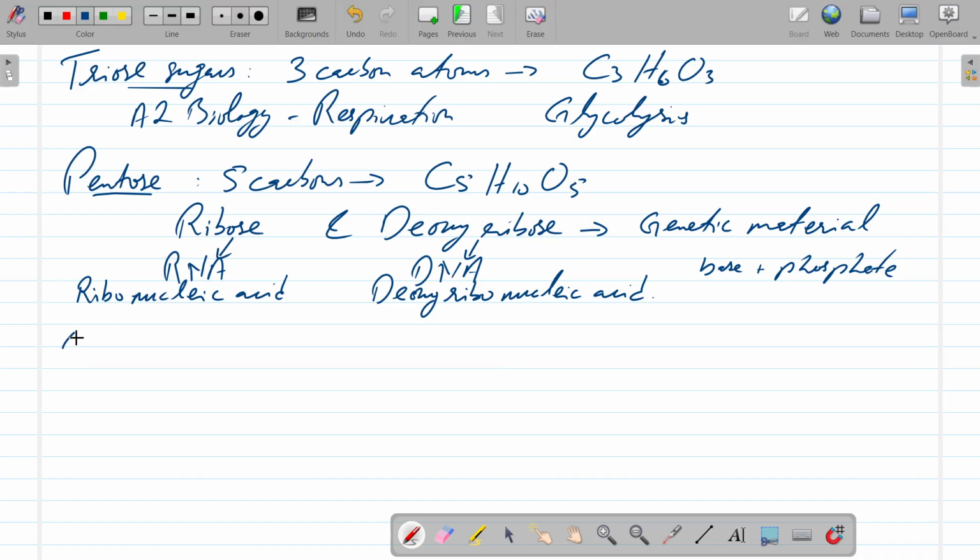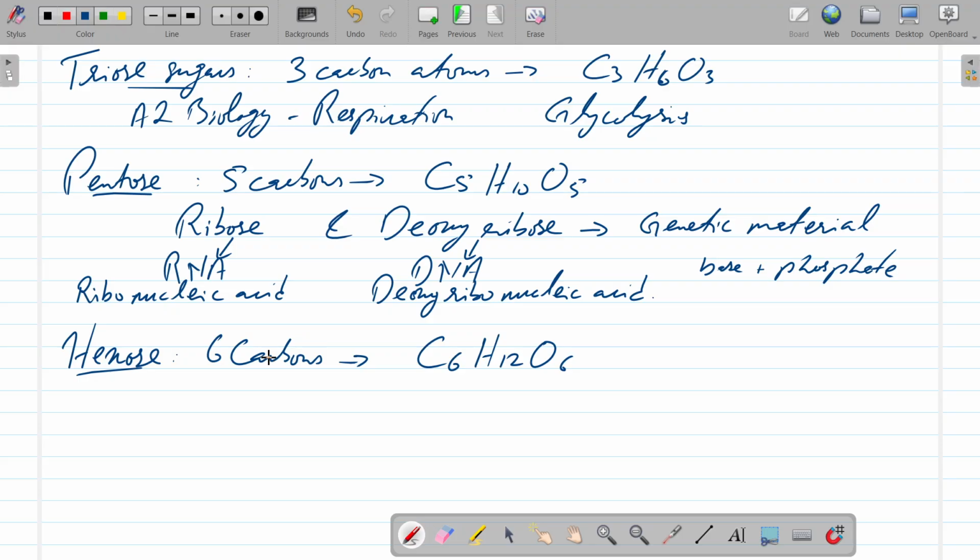And then we've got the hexose, which are 6 carbons. And so their formula would be C6H12O6. Now keep in mind, this is the general formula. So for pentose, we've seen that there's ribose and deoxyribose. We haven't mentioned triose, but there's more than one.